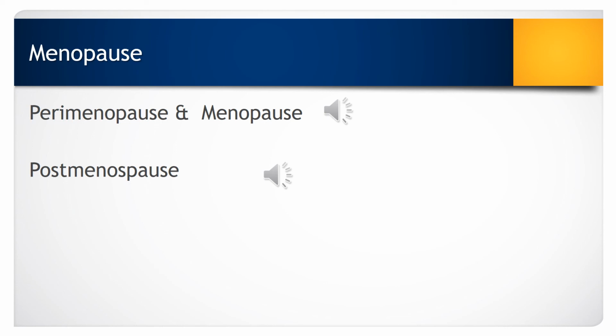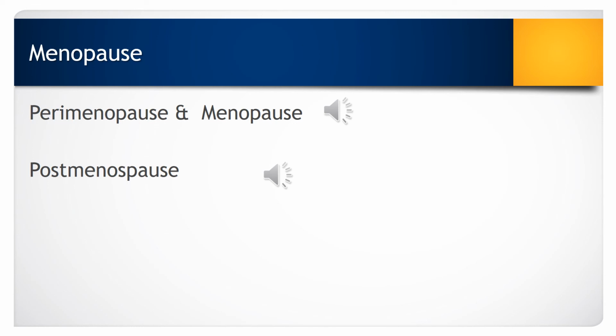And this is the time that we're most familiar with, when women complain of hot flashes or other symptoms of irregular periods, mood changes, things like that. And these things are in relation to hormonal changes, because remember, estrogen and progesterone are key in our menstrual cycle.